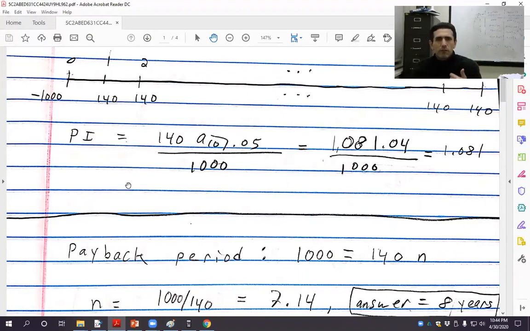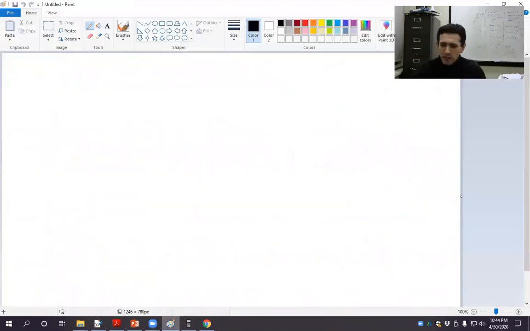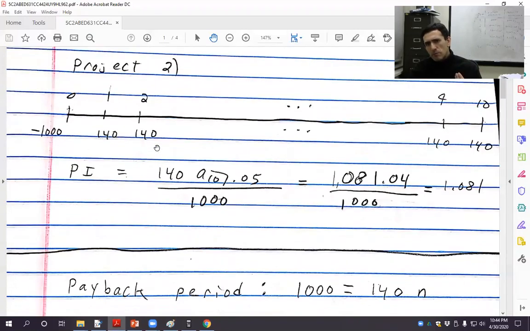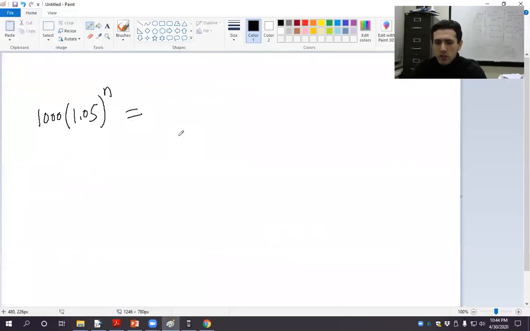Let's say we forego the project and just invest it at a rate of 5% effective annually. What does that 1,000 accrue to? 1,000 times 1.05 to the N. We don't know how many periods of interest the 1,000 is earning. Well, what does the revenue from this project accrue to if we take the 140 and also invest it at 5%?